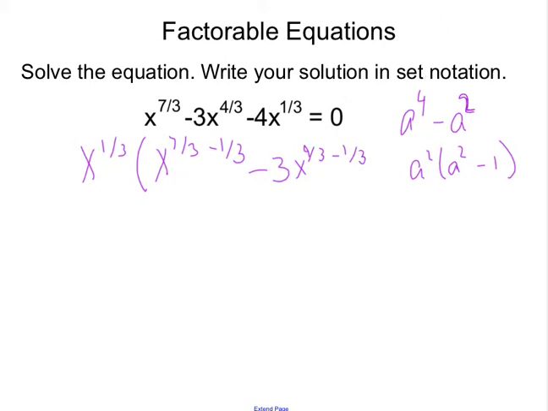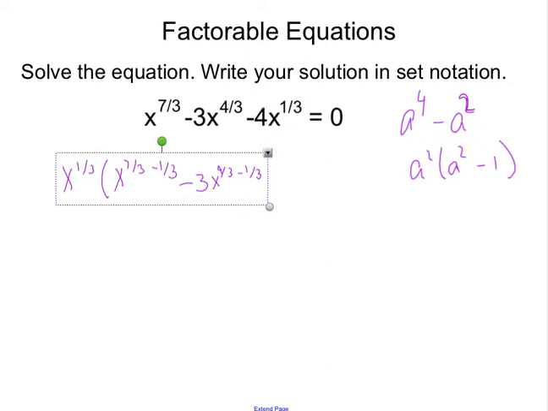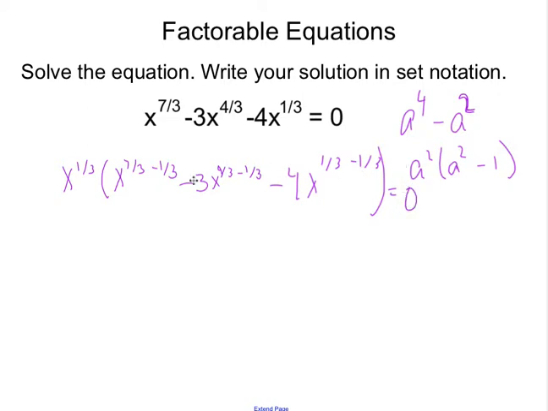Now I'm running out of room, so I better fix that. And then minus 4 x to the 1/3 minus 1/3. That's all still equal to 0.